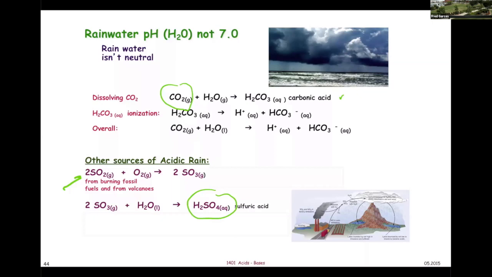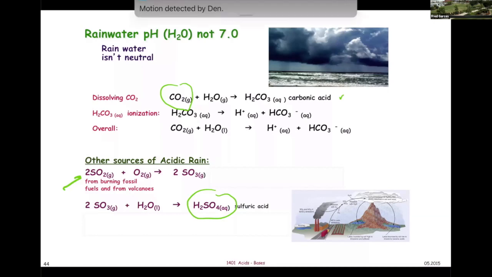West Virginia is a great mining state, but they recorded the rain coming down there with a pH of, I think, 2.79. That was really, really acidic. Okay, so that's why coal is expensive, because we have to scrub out the sulfur.